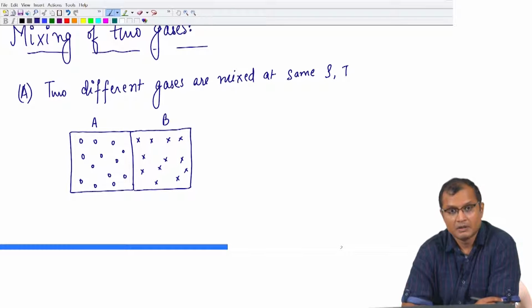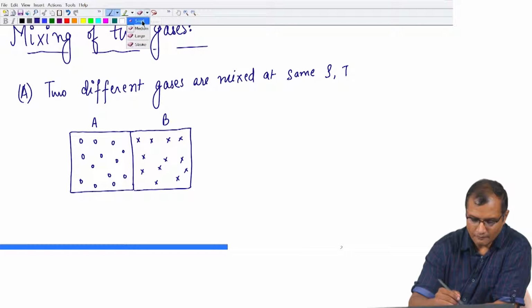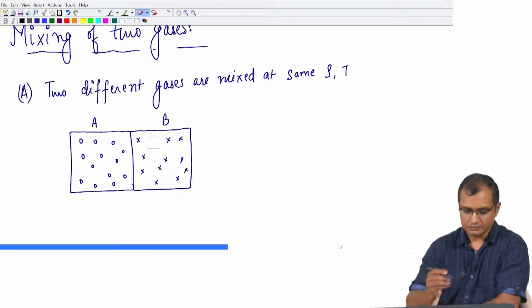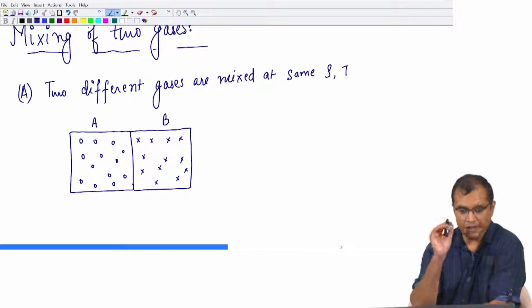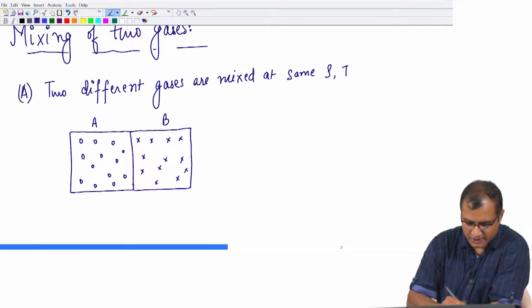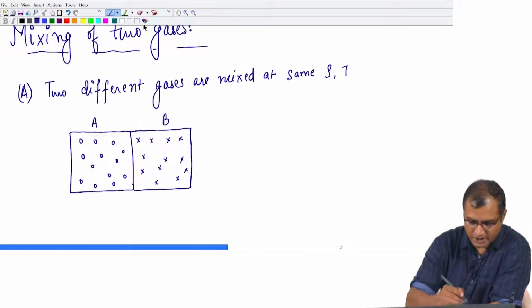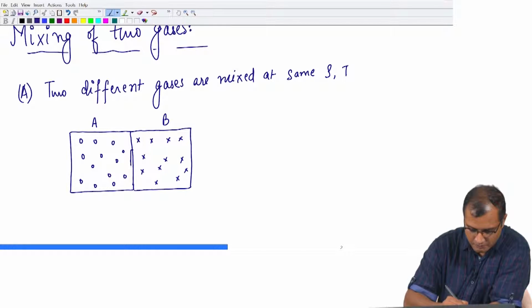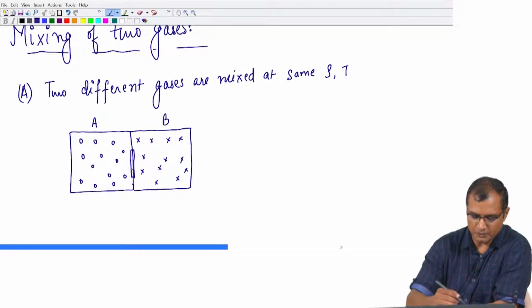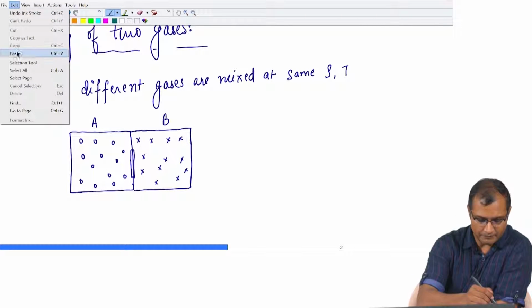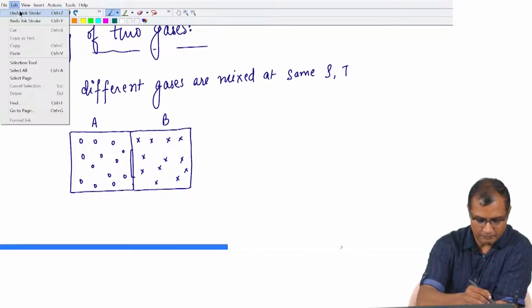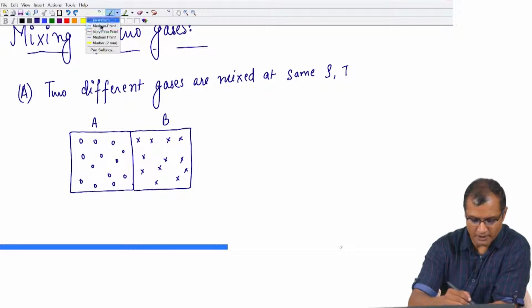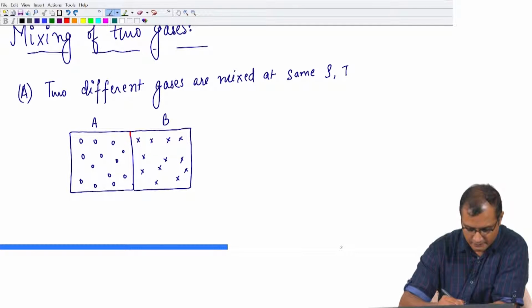Okay. Now, if you see that these particles are of different types, so let us say there is a shutter here in between which can be opened and closed. Okay, so I am going to indicate this shutter by a red line, let us say.